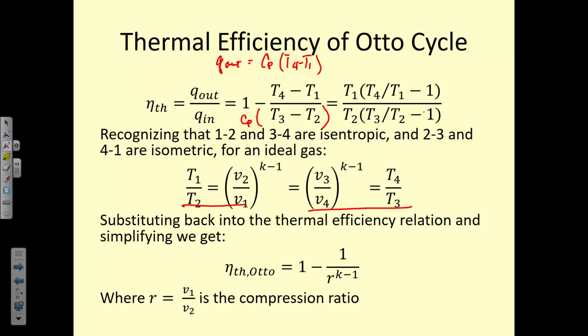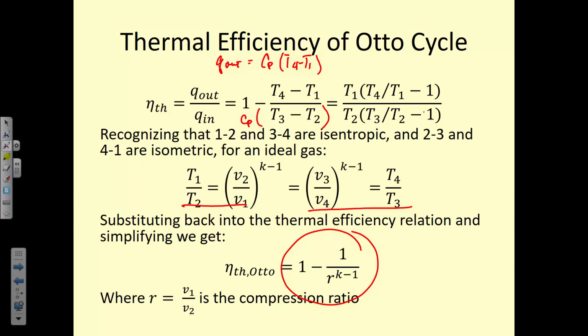So it's only for isentropic ideal gas processes that these equations are valid. You couldn't use it for steam or water or refrigerant or anything other than ideal gases undergoing an isentropic process. So we can substitute that all back into this equation for thermal efficiency, and we find that the thermal efficiency for the Otto cycle is just based on the compression ratio.